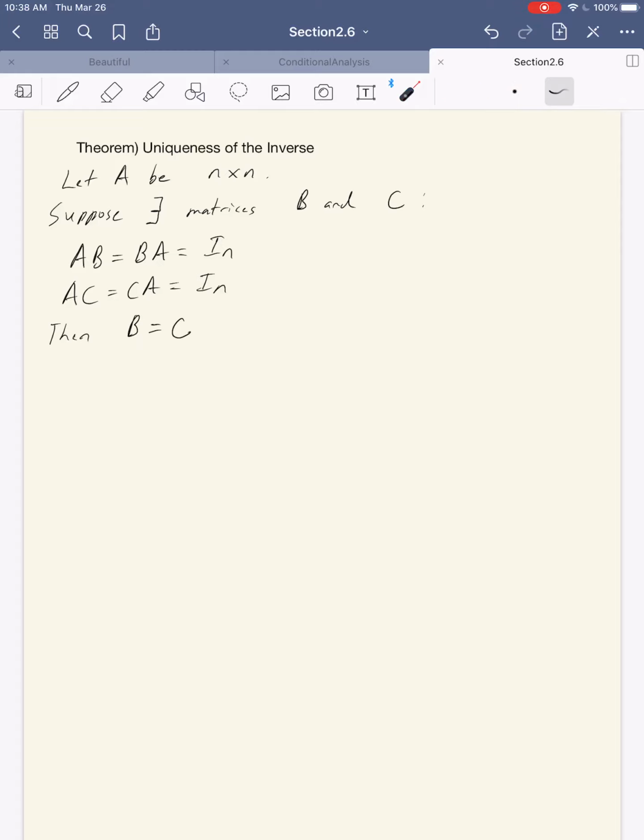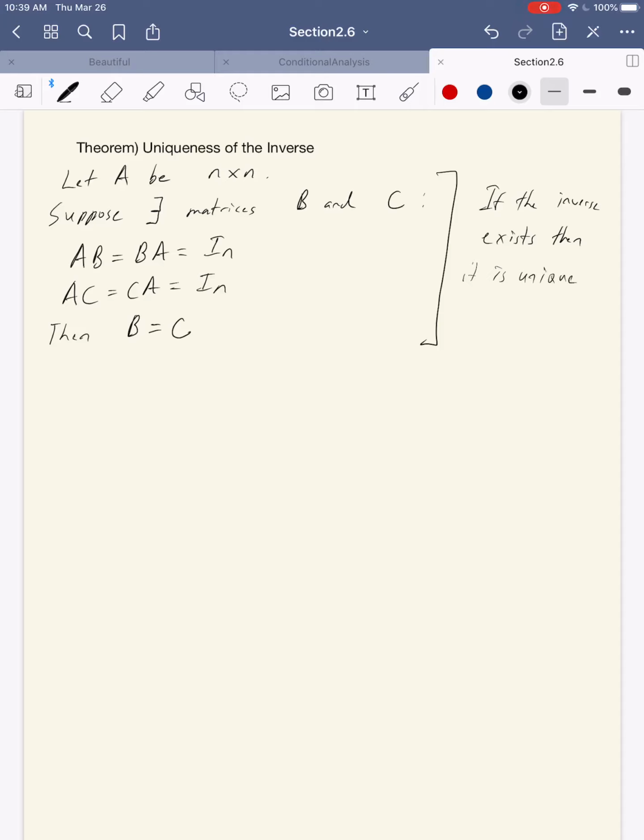So what this basically says is that if you have a matrix A and there are two matrices that both act as the inverse of the matrix, this shows you that B acts as the inverse, this shows you that C acts as the inverse, then those two matrices are the same. In other words, the inverse matrix, if it exists, is unique.